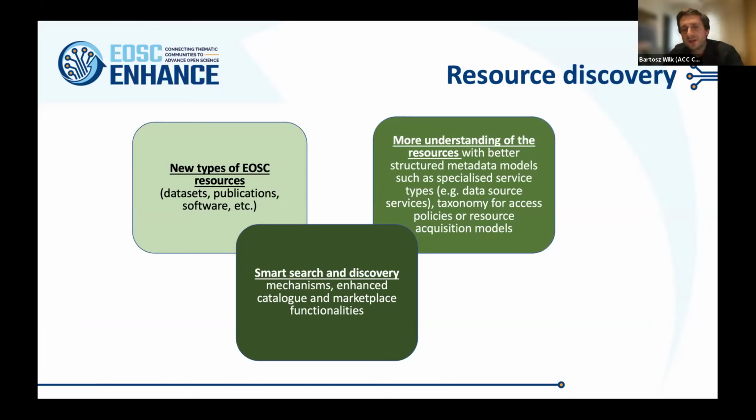So things that are missing right now in the marketplace, and users are asking for this to solve their problems. Smart search and discovery mechanisms will cover all of that and provide a user-friendly interface to navigate the platform.